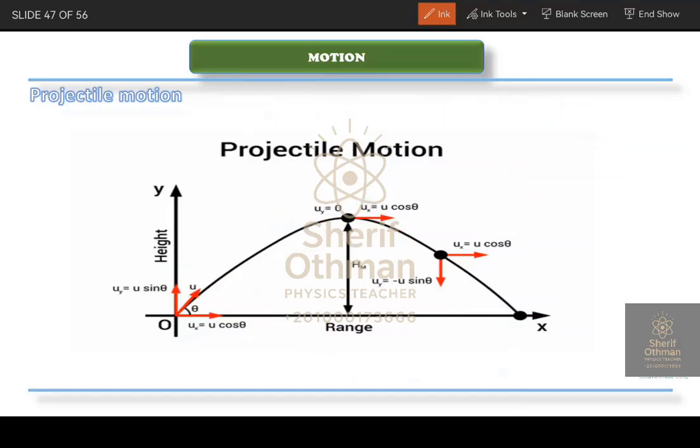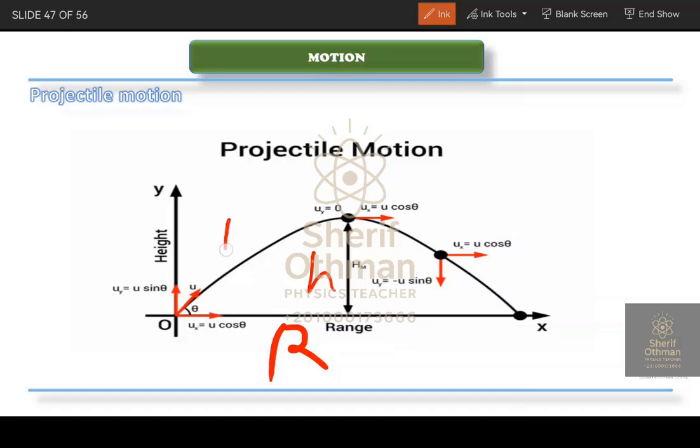During this problem, we can find different values. R is the range, which is the horizontal distance covered from the starting point, the projection point, to reaching the ground again. H is the maximum height reached by the object.